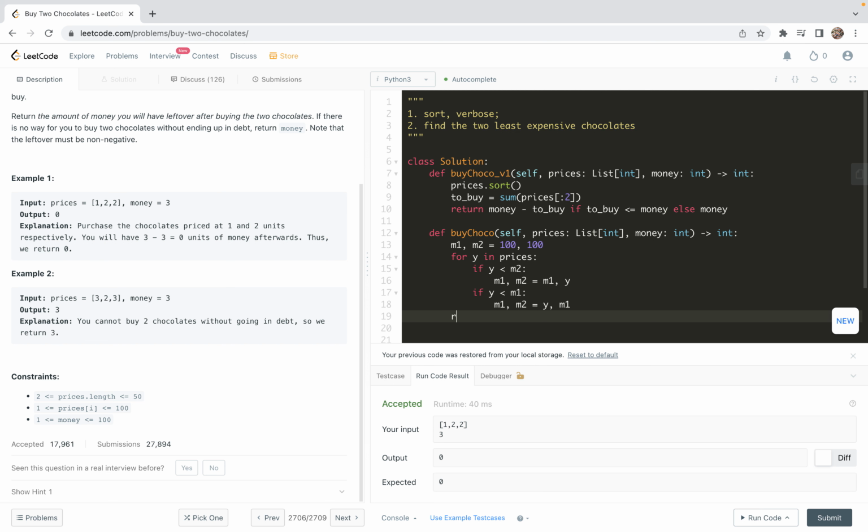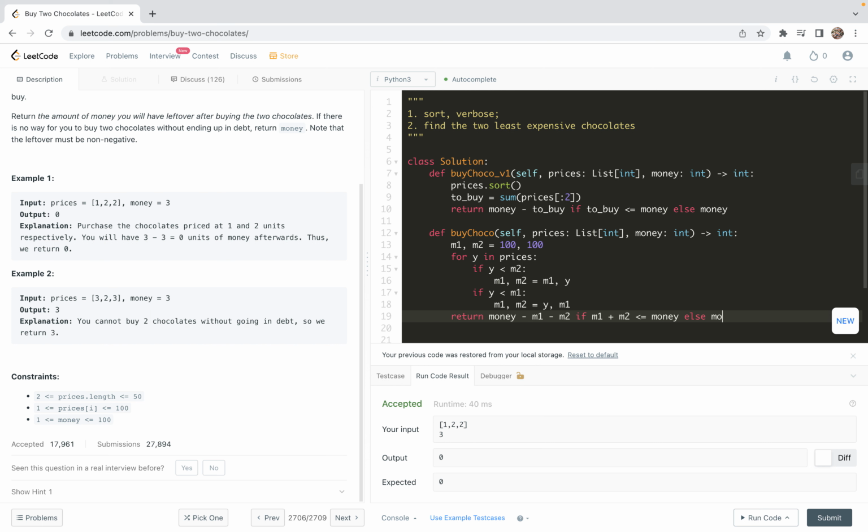Then we return money minus m1 minus m2 if this amount is non-negative. Let's just directly check if m1 plus m2 is less than or equal to money, the same thing.